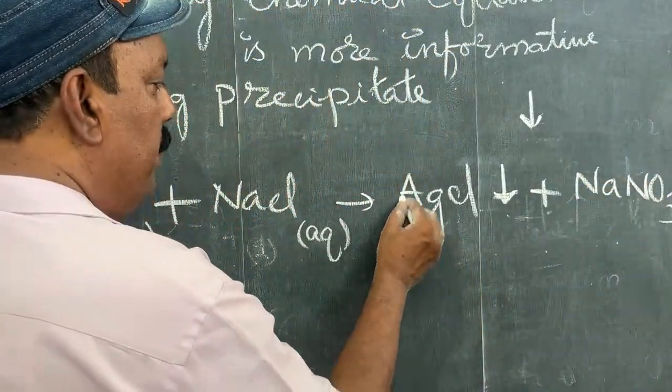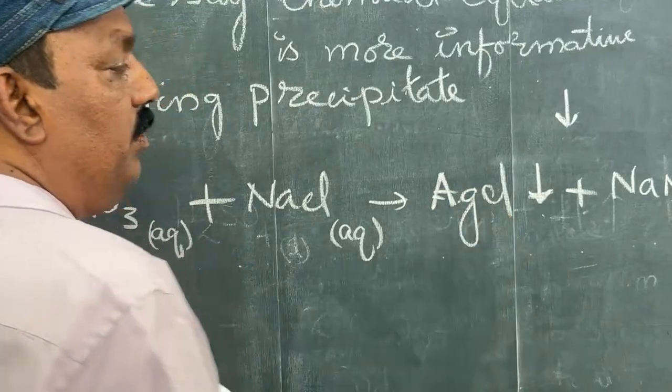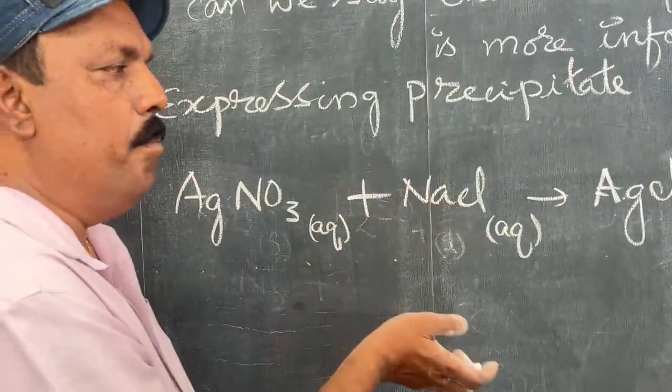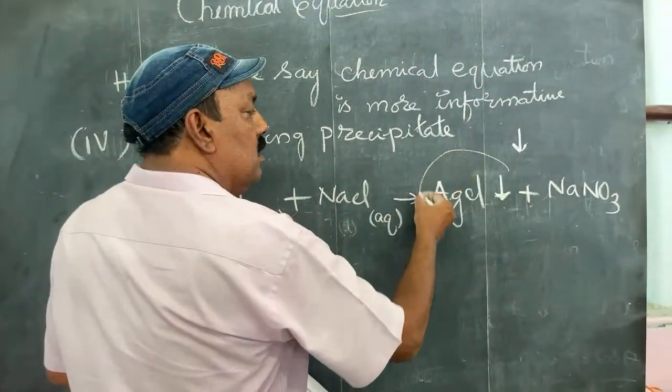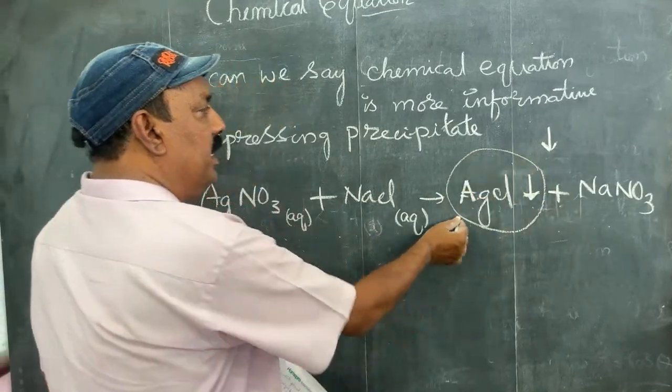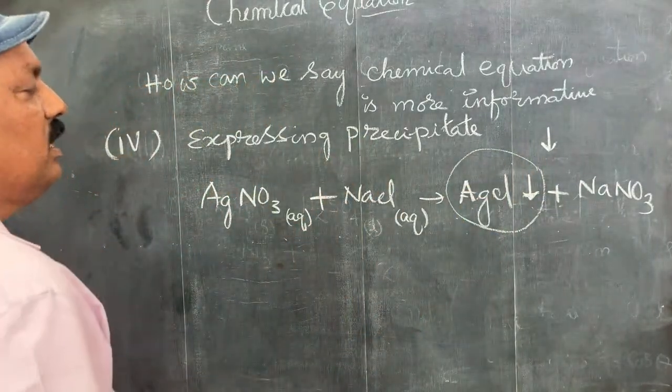So here silver chloride is in liquid form but has some solid particles. So here precipitate is also forming.